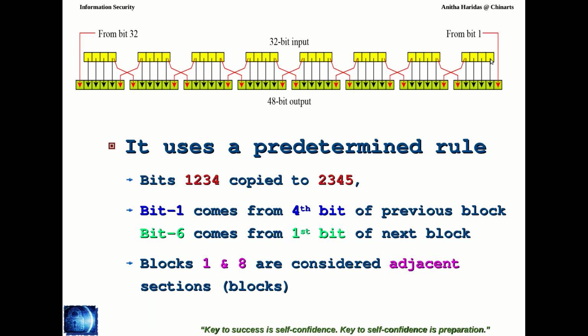The same way, the 6th bit of the last chunk comes from the first bit of the first chunk. So this is the predetermined rule used for expanding a 32-bit input into a 48-bit output.